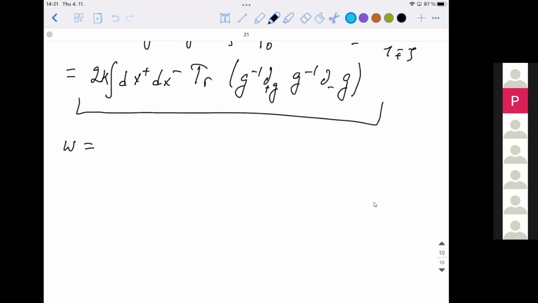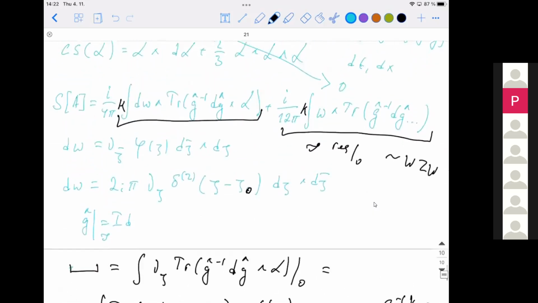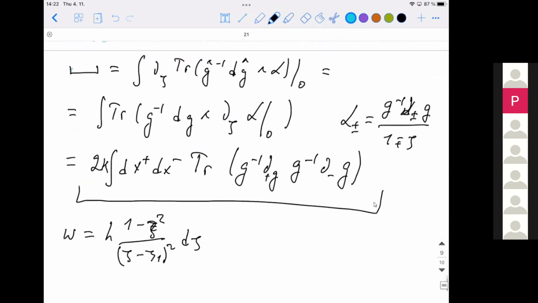So here, if you take this and theta minus theta delta dz, this will produce this non-vanishing residue at 0. So it's just this 0 is shifted to zeta 1.